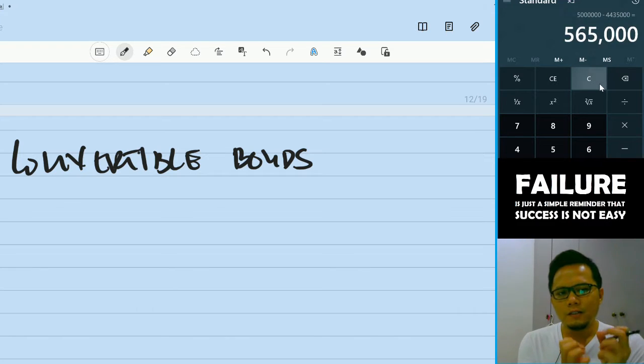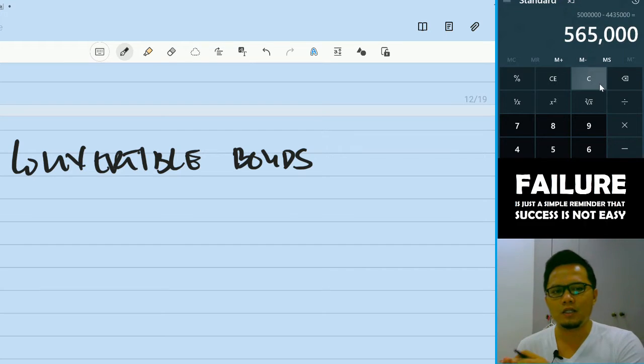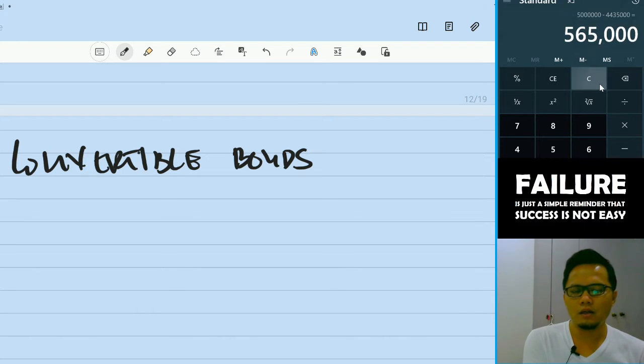That is why this is considered a compound financial instrument, because there is a liability portion and there is also an equity portion. Okay? Compound.